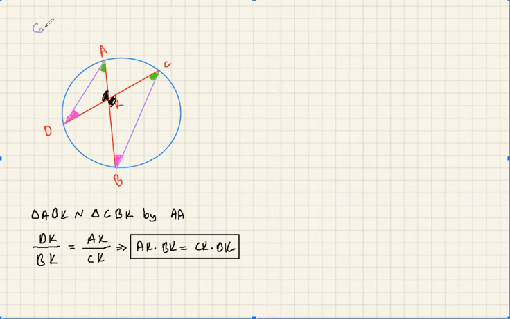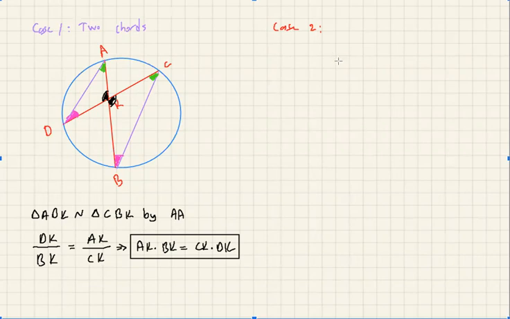I'm going to call this case one, two chords. That's the first one, and now the second one. Case two: I will take another case where we are going to have a little bit different picture.